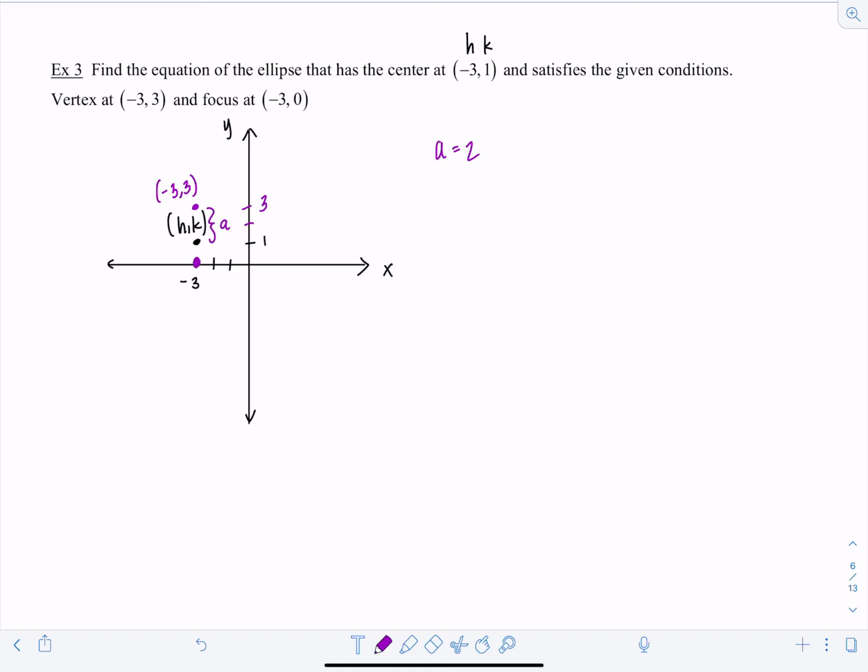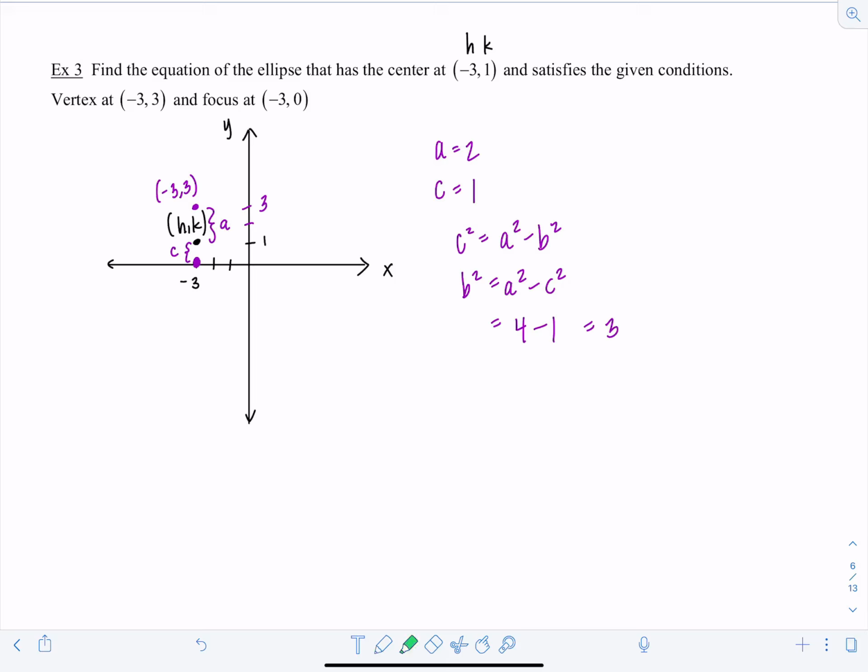Well, that means that C is equal to 1, right? C is the distance from the center to the foci. So now I can find B. Remember, C squared is A squared minus B squared, which means B squared is A squared minus C squared, which is 4 minus 1, which is 3.